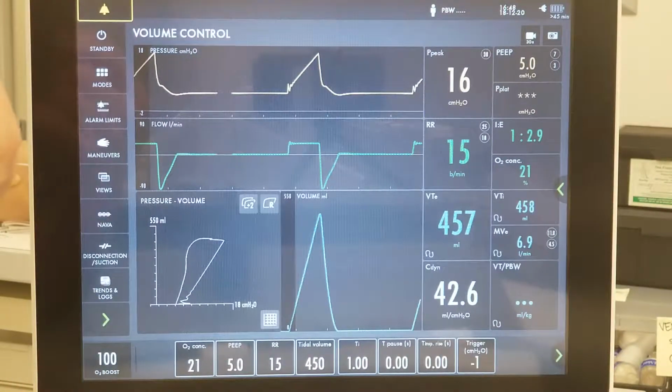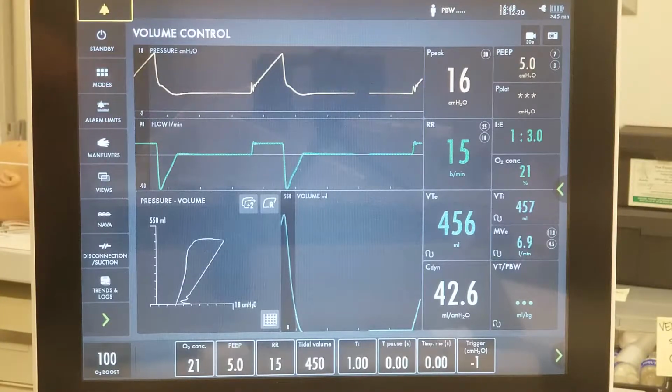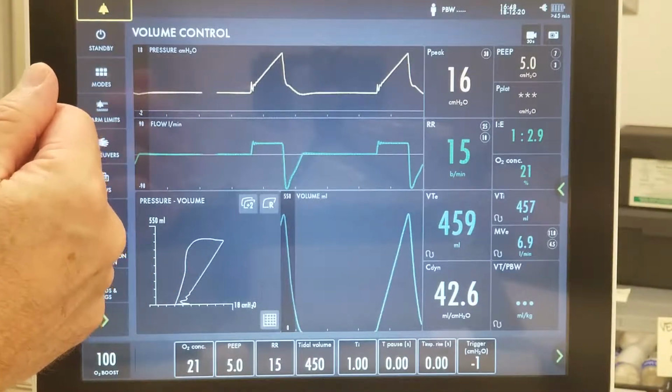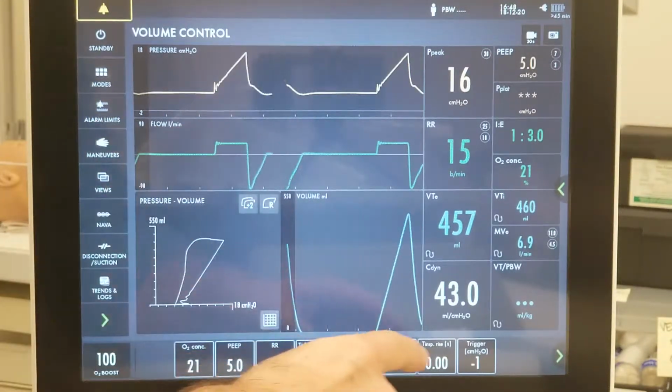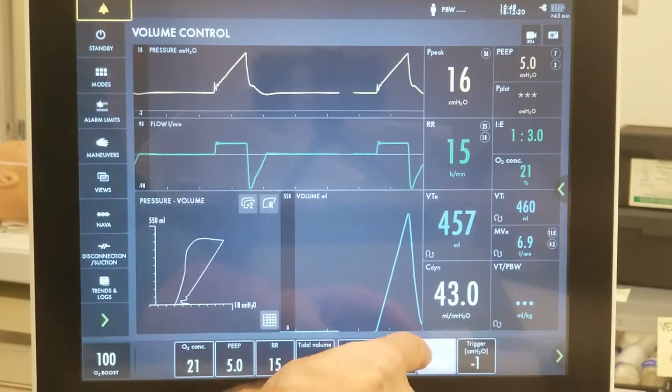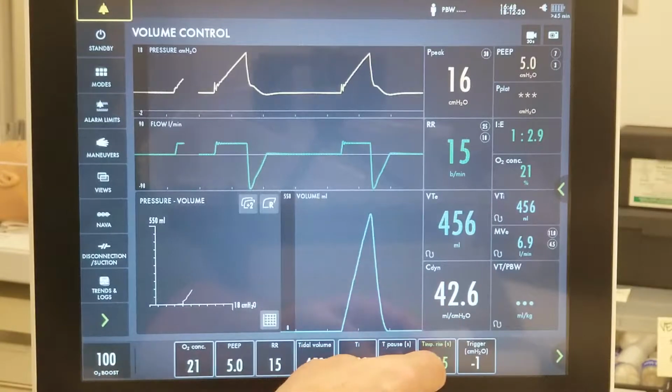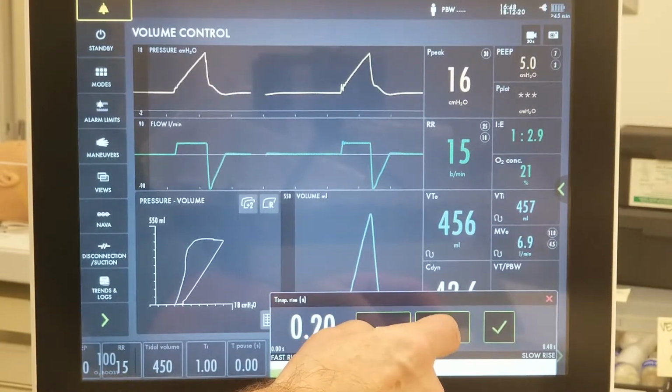We go from 0 liters per minute to our peak flow, which is around 30 liters a minute. Just boom, just like that. So when we adjust inspiratory rise, we are playing with how fast we get to peak inspiratory flow.